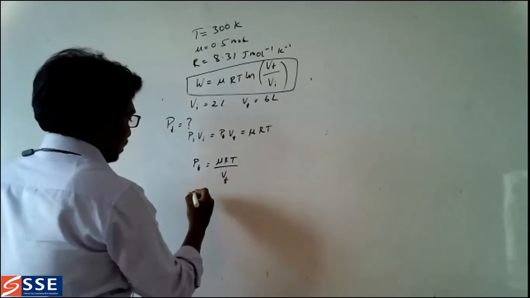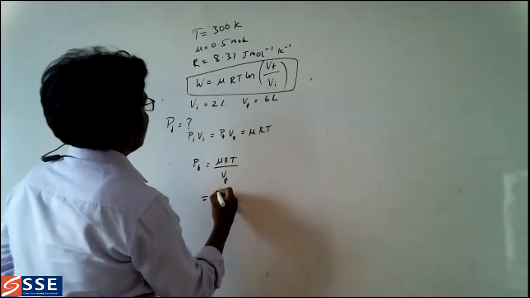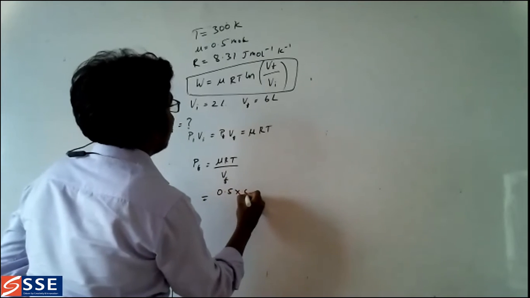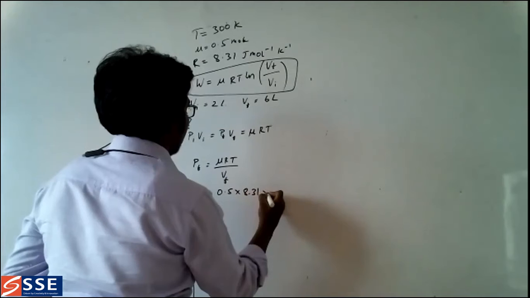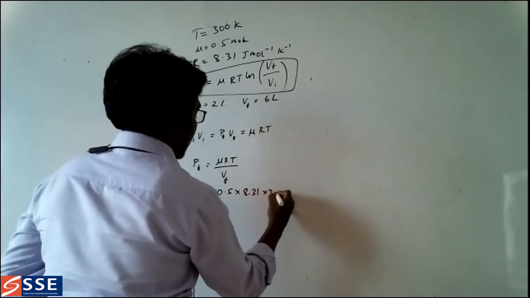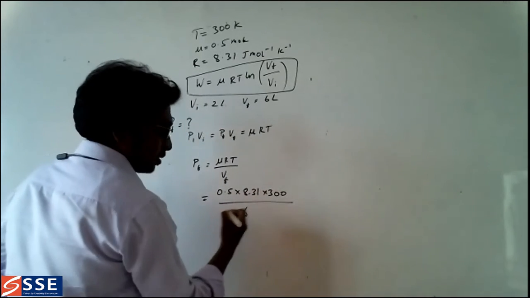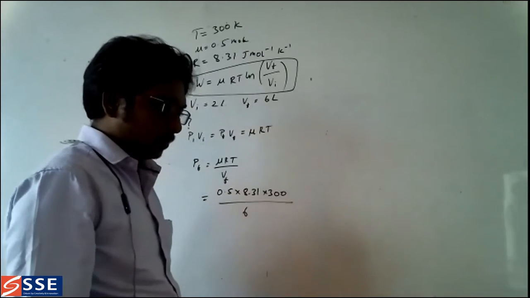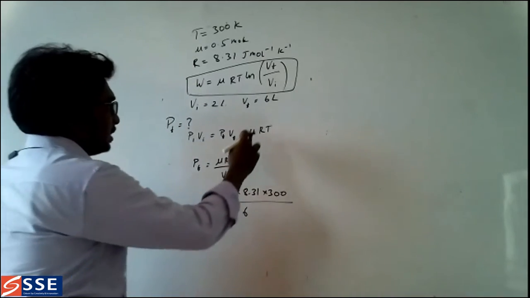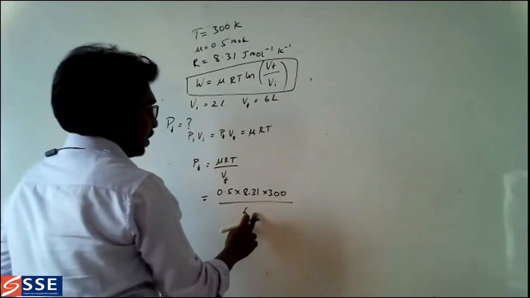So now we are going to solve: what is mu? 0.5 into 8.31 into temperature 300 divided by what is Vf? 6. Here it is 6 liters.